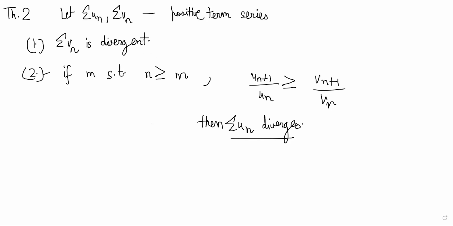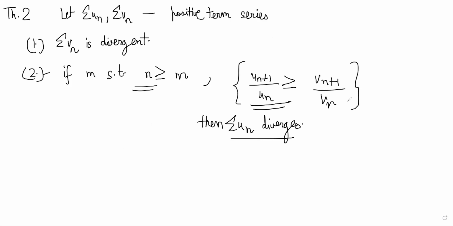For the converging theorem, what was necessary? The ratio of the n plus 1th term to the nth term was less than the ratio for the converging series, right? For the diverging series, this ratio has to be greater than the ratio for the diverging series for all n greater than some cutoff point. This doesn't have to be true just at one point.